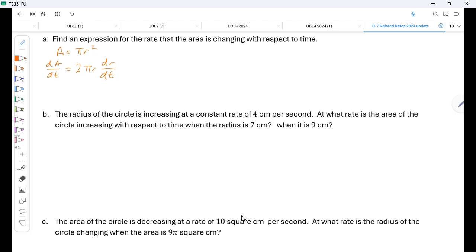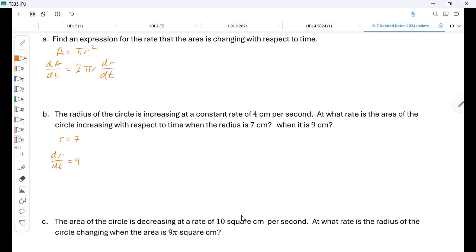So this problem, as simple as it can be, our radius is 7. So there's two questions here. We want to do 7 and 9. And that's sort of just to point out that it actually changes based on what the radius is. Our radius is 7. Where are we going to plug in that 4 centimeters per second? Correct. Radius is 7. dr/dt is 4.